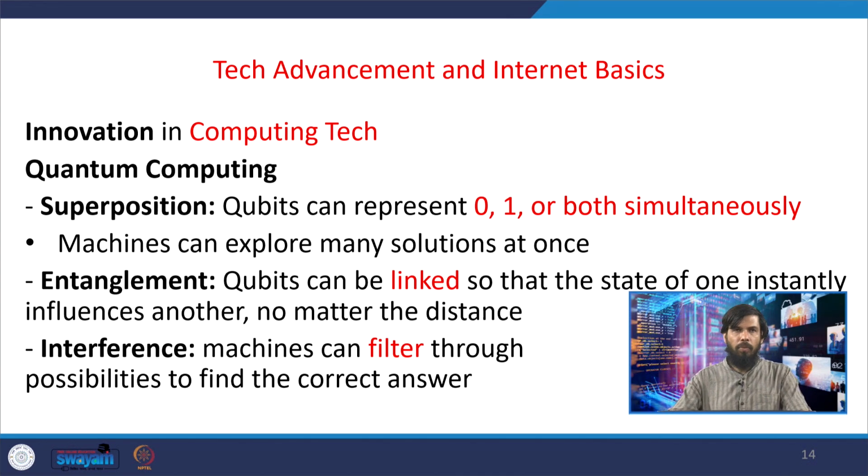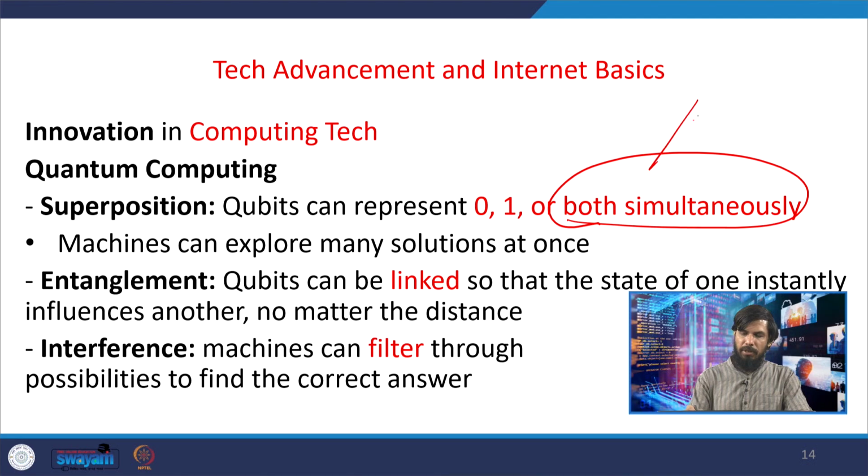What are some of the properties we can observe in quantum computing? One is superposition. Qubits can not only represent 0 or 1, they can represent both simultaneously. This is what we refer to as the superposition property. How does it benefit machines?